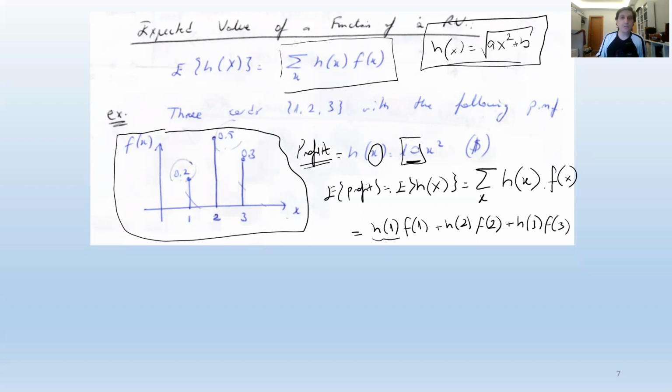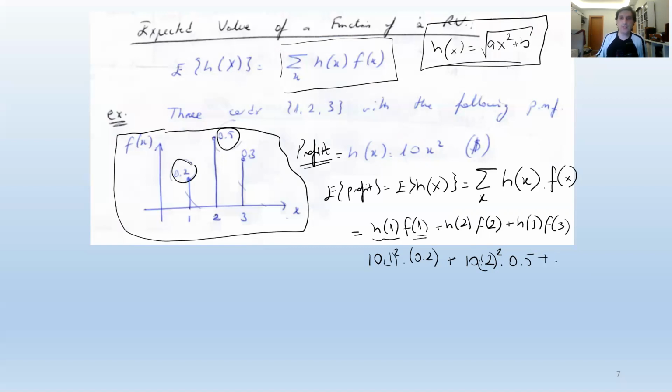Now h(1), since h is given by this formulation, is going to be equal to 10 times 1 square times f(1), which is 0.2, plus h(2), which is 10 times 2 square multiplied by f(2), which is 0.5, this value here.